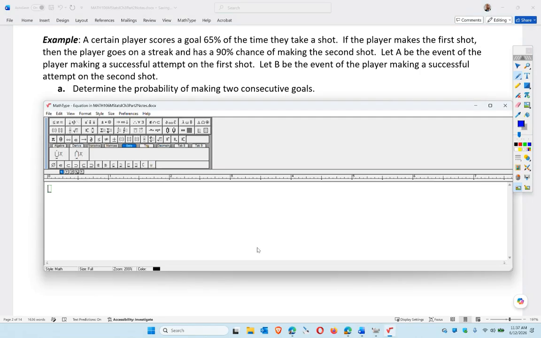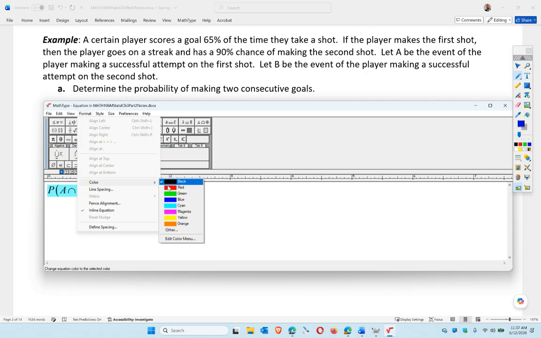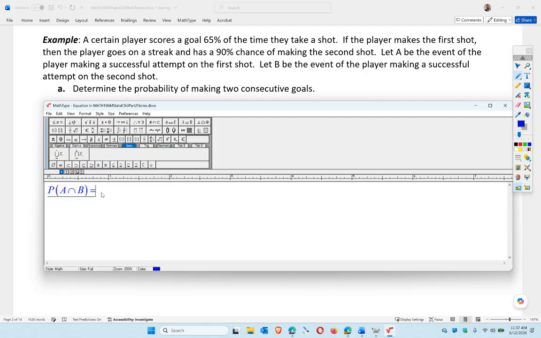Okay, so we want the probability of A and B, correct? I'll make this blue. So this is the probability of A times the probability of B, because "and" is multiply and "or" is add.